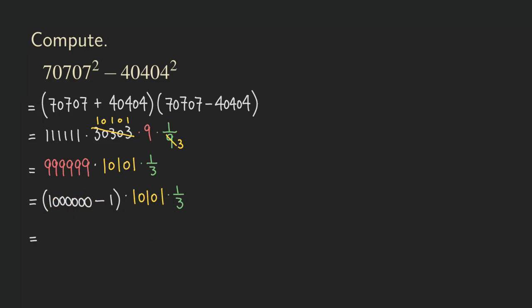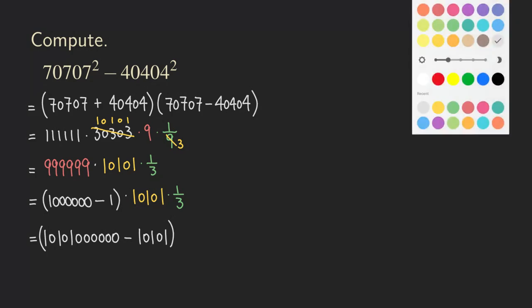So we are going to get this 10101 and then 6 trailing zeros: 1, 2, 3, 4, 5, 6. And then minus this 10101, because 1 times anything is that same number. And then of course we need parentheses, and then times the 1/3.